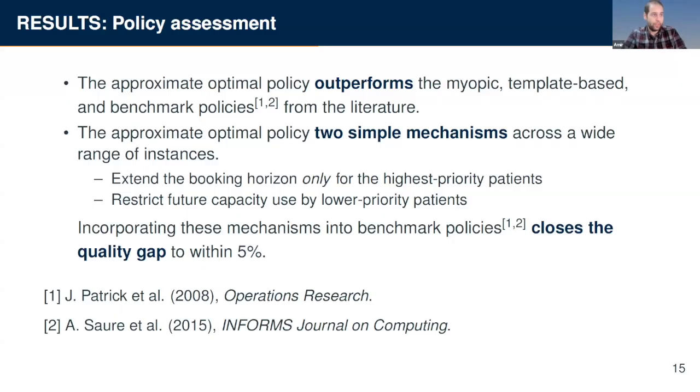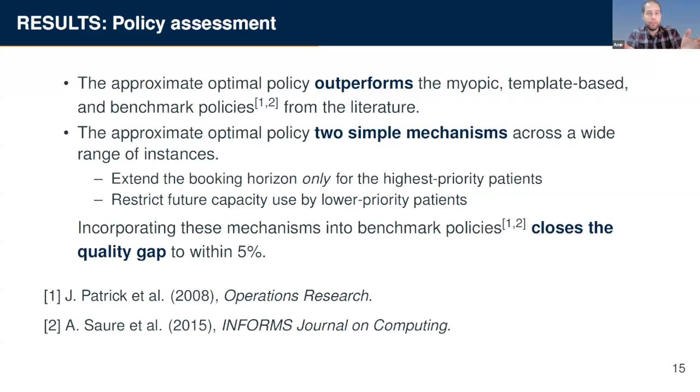The second thing we realized is that the approximate optimal policy restricts the capacity utilized by lower priority patients. Lower priority patients have a smaller penalty for transfer, a smaller penalty for wait time, and a smaller penalty for deferral. At the same time, they have a longer booking horizon, right?